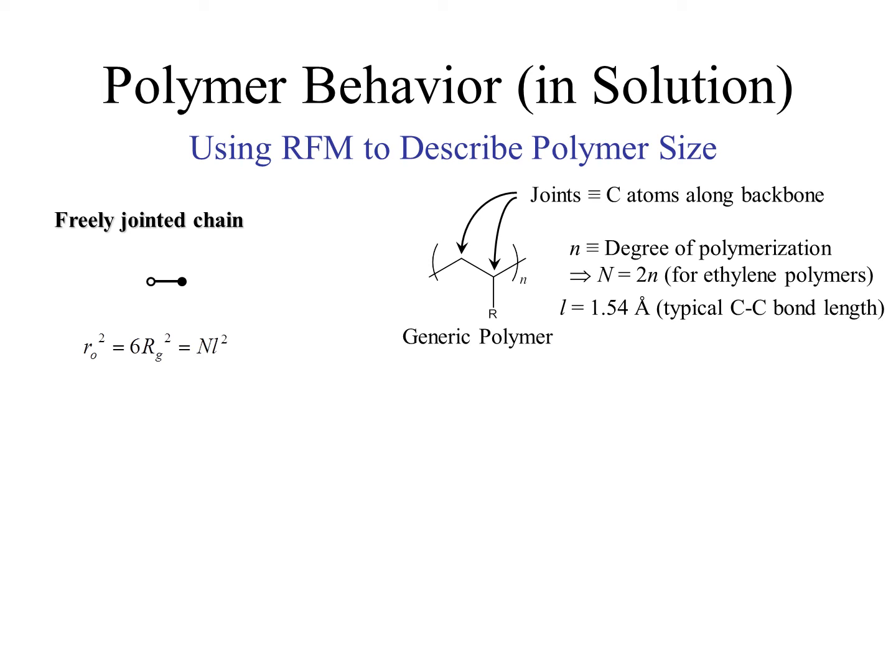These are the joints in the model. Consequently, there are also 2 carbon-to-carbon bonds per monomer residual, so there are twice as many capital N steps for every small n degree of polymerization.